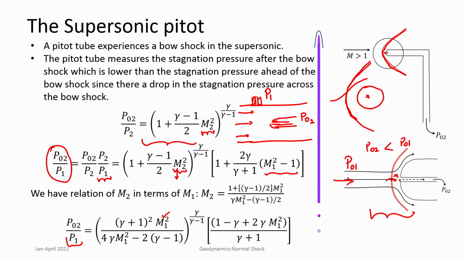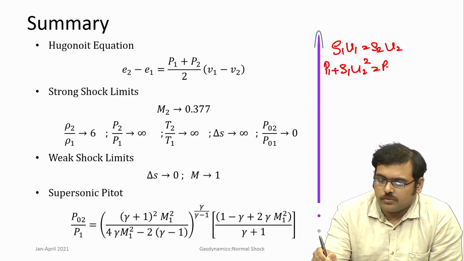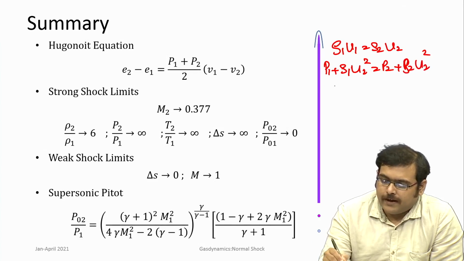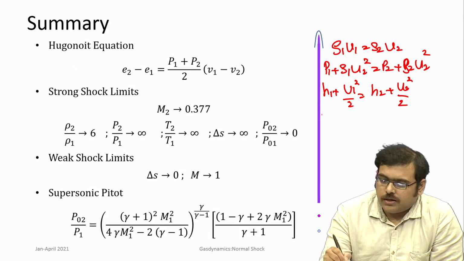So, with this we come to the end of discussions on stationary normal shocks. In this particular discussion we used rho 1 u1 equal to rho 2 u2, P1 plus rho 1 u1 square equal to P2 plus rho 2 u2 square, and H1 plus u1 square by 2 equal to H2 plus u2 square by 2.